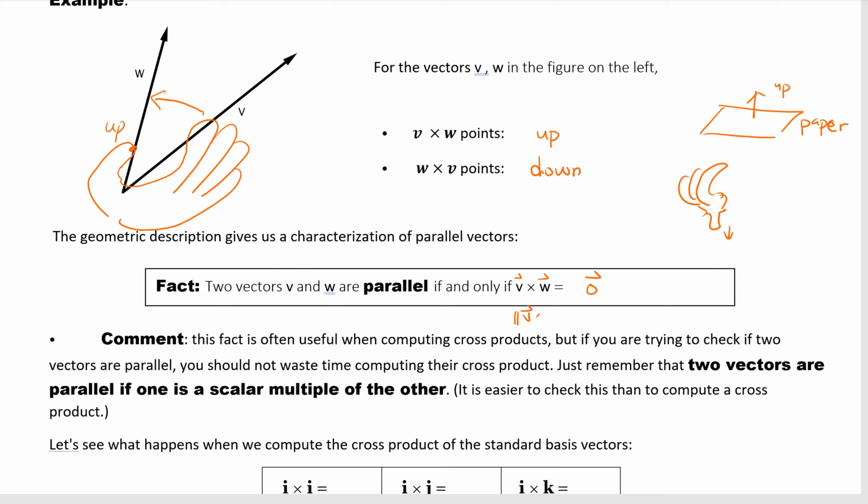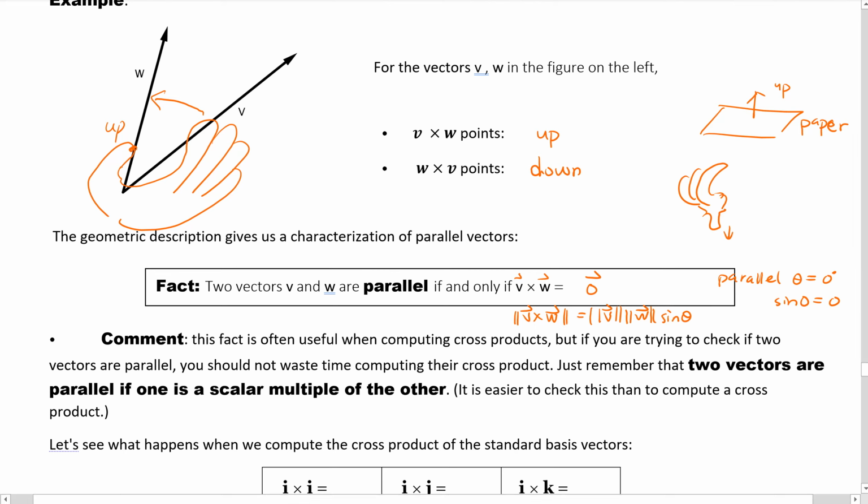Because the magnitude of it is the magnitude of V times the magnitude of W times sine theta. If they are parallel, that means theta equals 0 degrees and sine of 0 equals 0. So far so good, everybody?